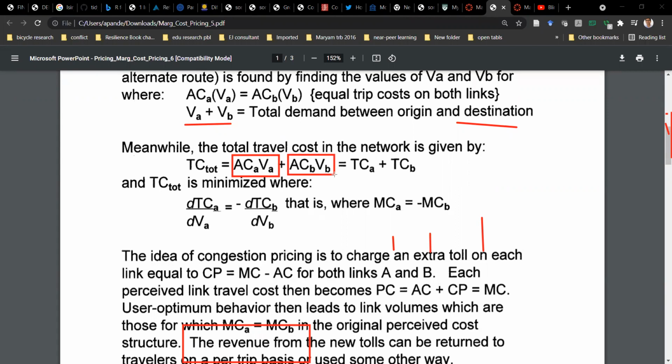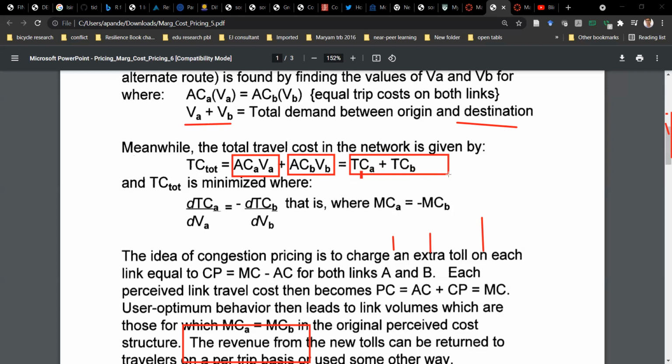Okay, so costs are basically travel time. So if everybody is taking average ACA travel time, and there are VA users, their total travel time is VA times ACA. You add that to VB times ACB, you get the total cost on route A plus route B.